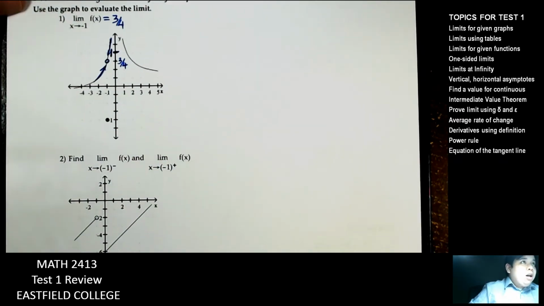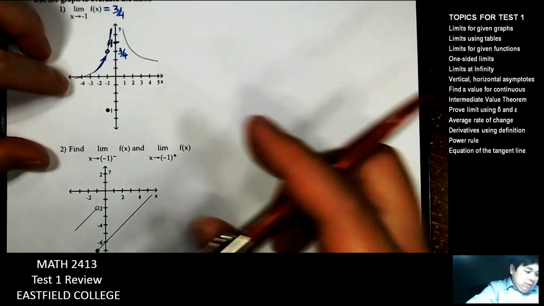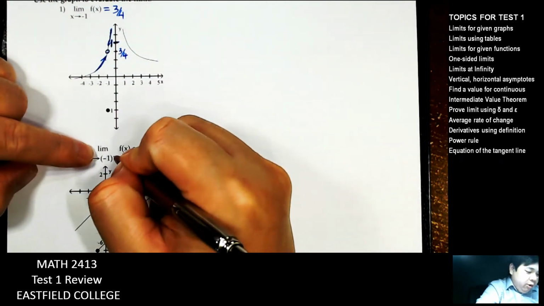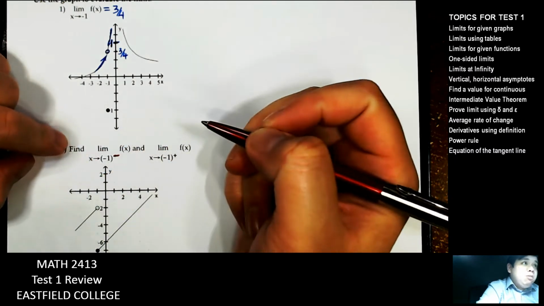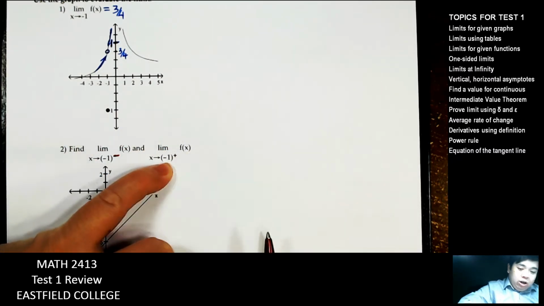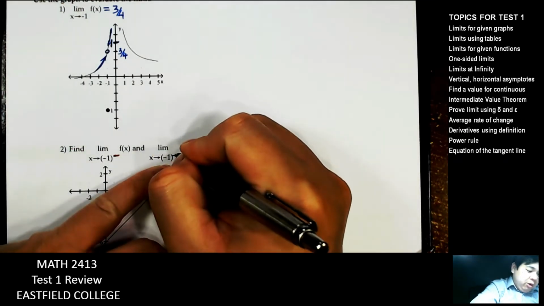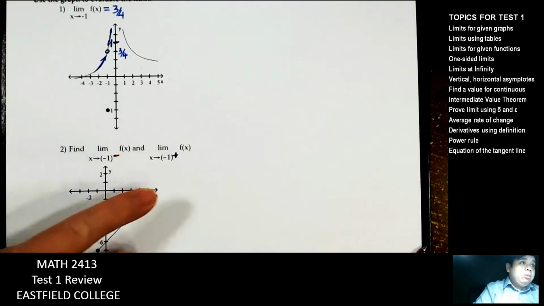Next we have one-sided limit. This limit goes to when x goes to -1 from the left, superscript minus, and goes to -1 from the right, that is superscript plus.